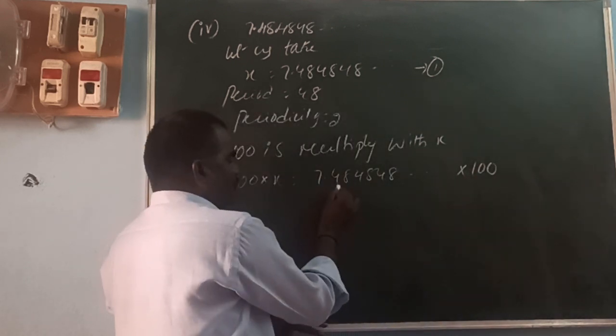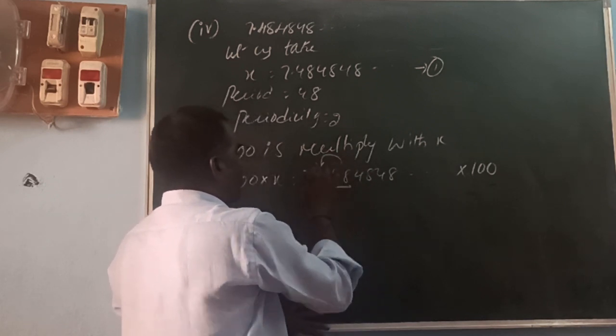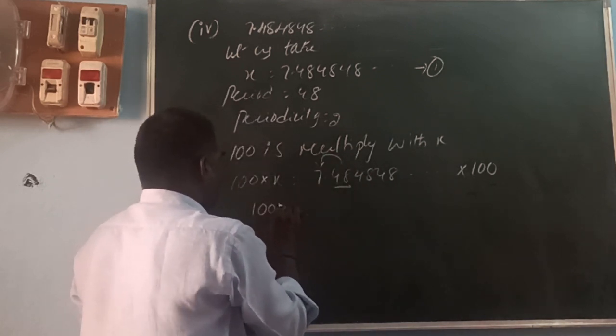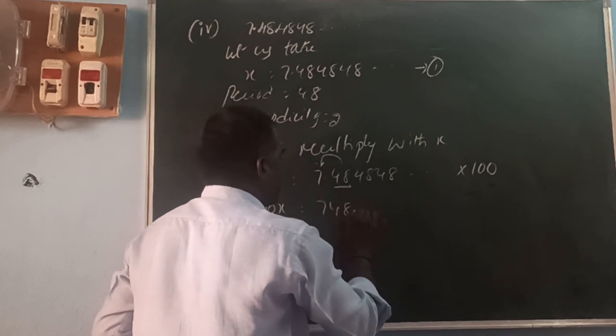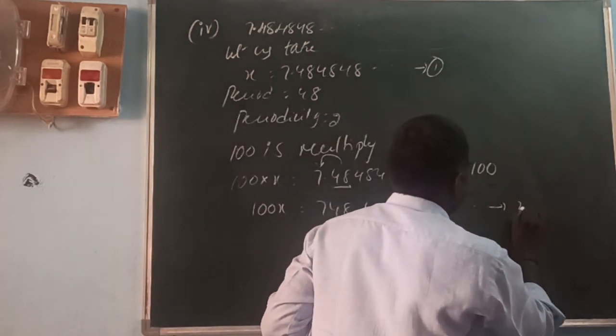When we multiply by 100, the two repeating decimals change to a whole number. 100x is equal to 748.484848 and so on. This is the second equation.